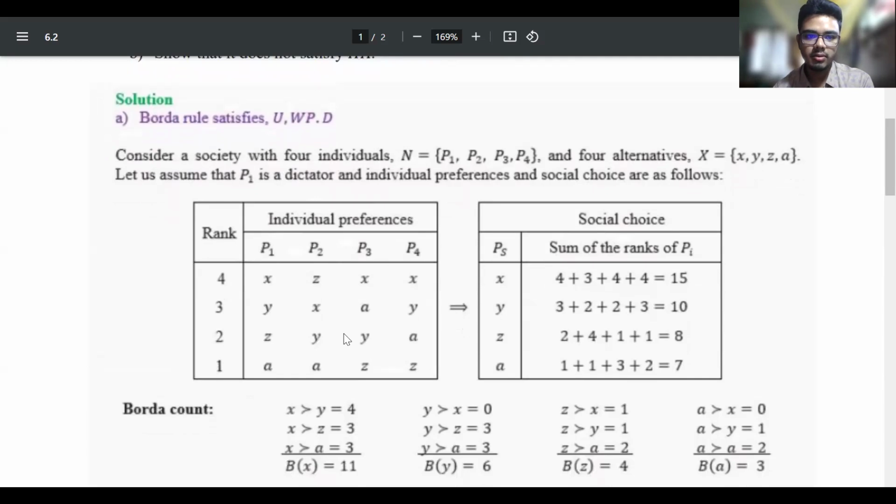So we made this table. We can see their individual preferences, ranked 1, 2, 3, and 4.